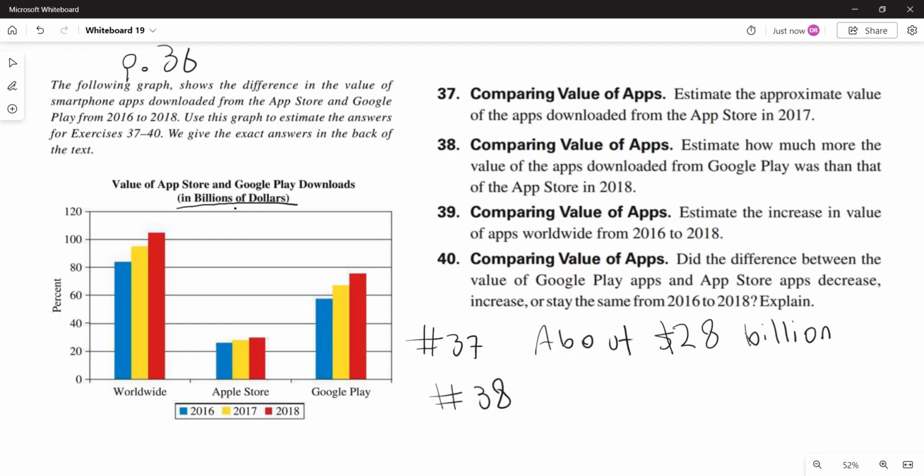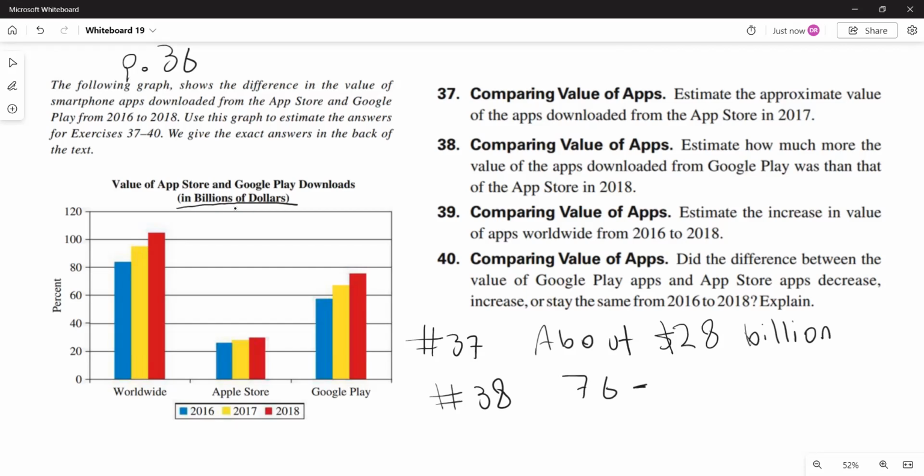Number 38, estimate how much more the value of the apps downloaded from Google Play was than that of the Apple Store in 2018. So we're going to compare the red bars, Google Play and 18. Google Play looks like it's approximately about 76.